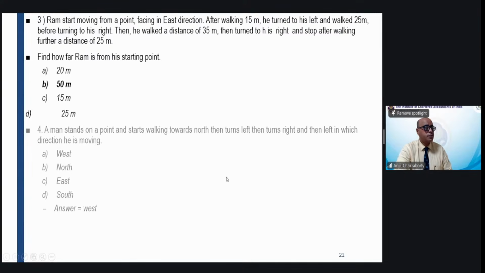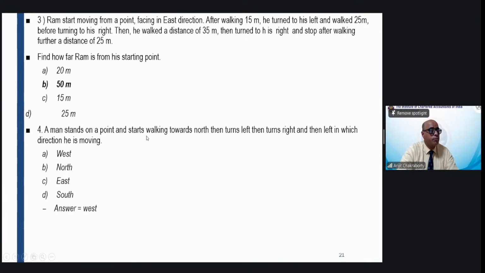A man starts on a point and starts walking towards the north. Once again, let us see carefully.